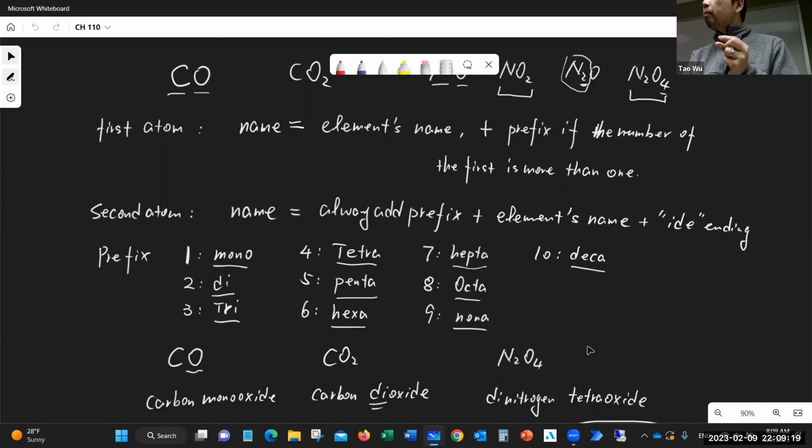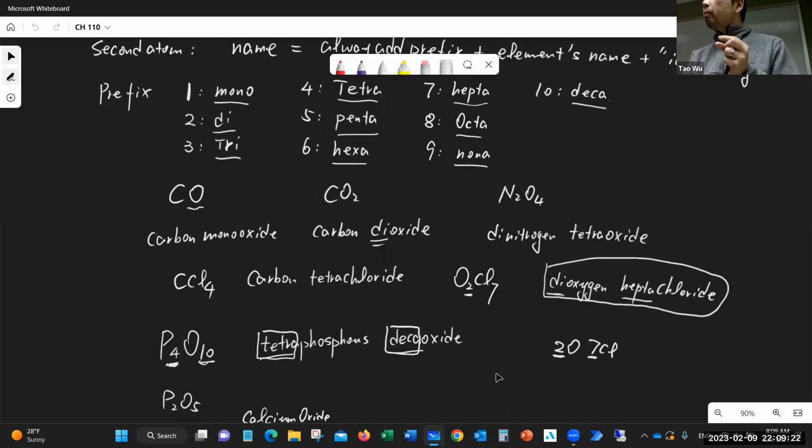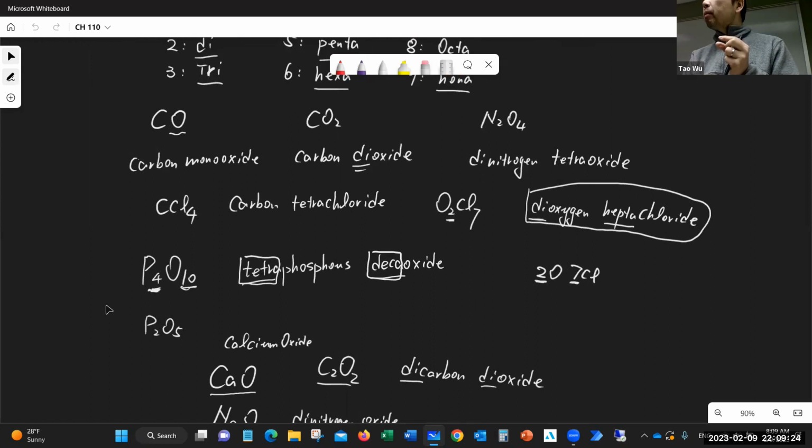We also talked about, for molecular compound naming, when you have a compound, do not simplify the ratio, because those numbers of atoms are exactly what shows in the whole molecule. Okay, so do not simplify. The reason we simplify for the ionic compound is because in an ionic compound, the number of the elements is really based on the charge.